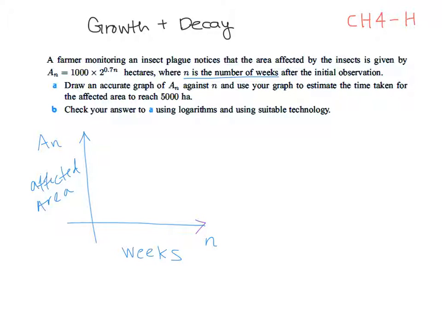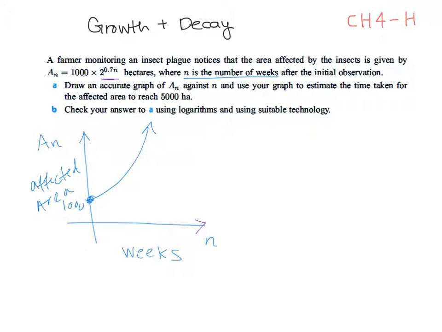Initially, when n is equal to 0, 2 raised to the 0 power is equal to 1. So initially, again, it's at 1,000. And then as weeks go by, it's going to increase. So that is the graph of A_n.